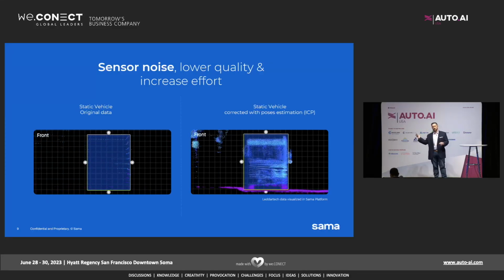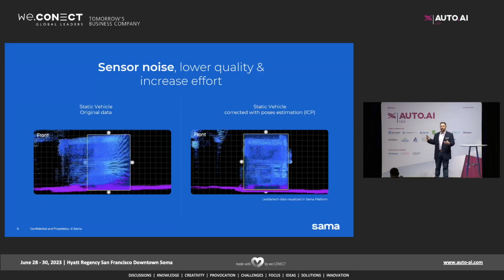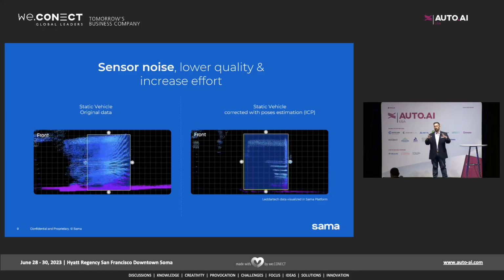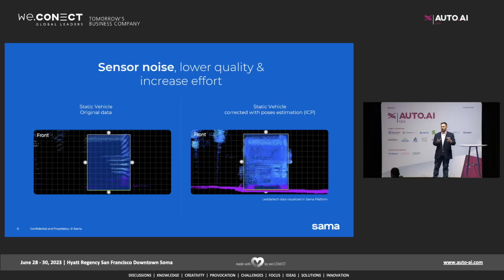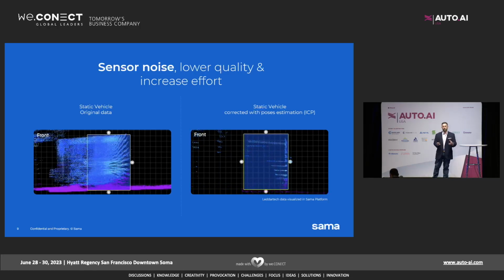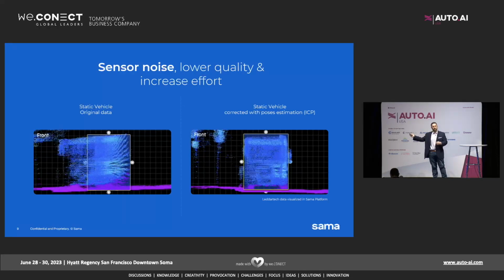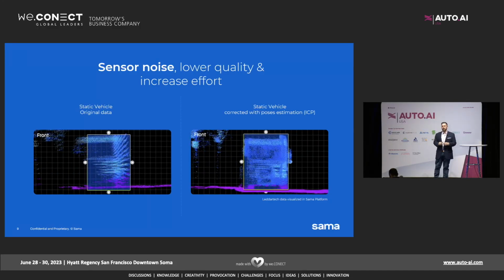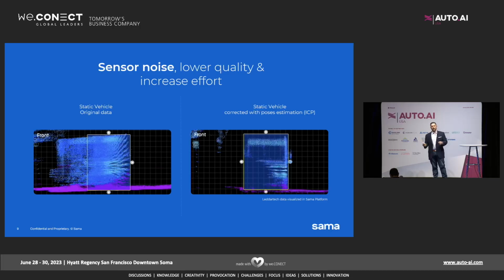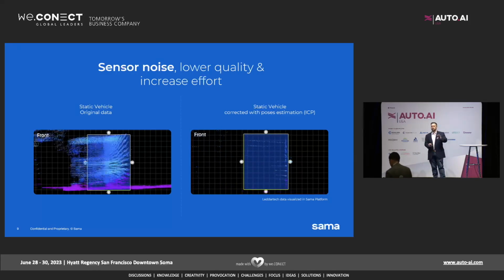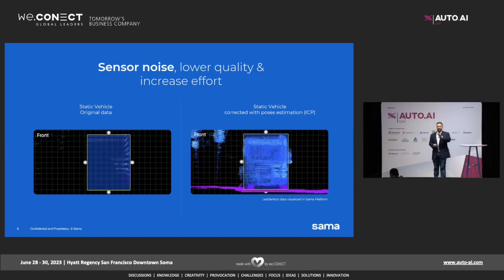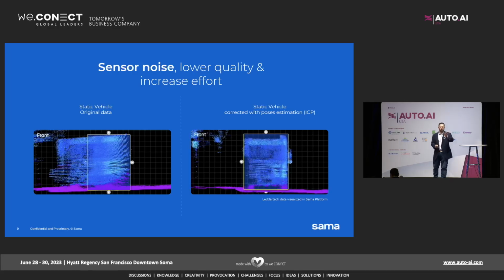So here's an example I want to show. One of the things that we do is that we can actually slam your data together for your LiDAR point cloud so that we can end up adjusting the pose of individual frames. The task here is there's a van that's got LiDAR detections across it. And what you see on the left here is that the pose actually changes across frames. If I was to just try to annotate this vehicle, I would need to start in the first frame, move the box.